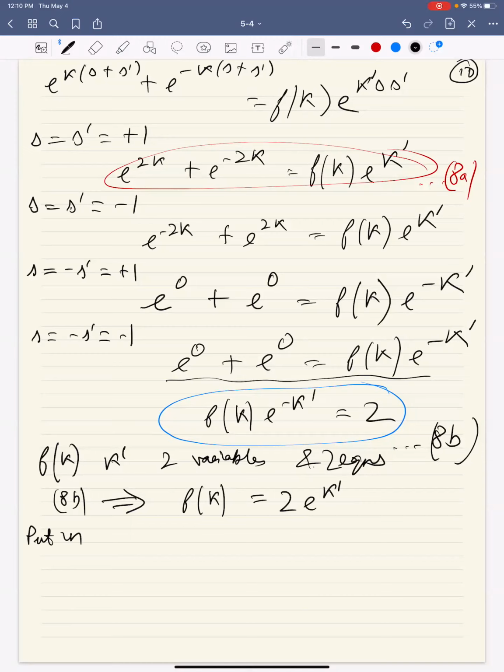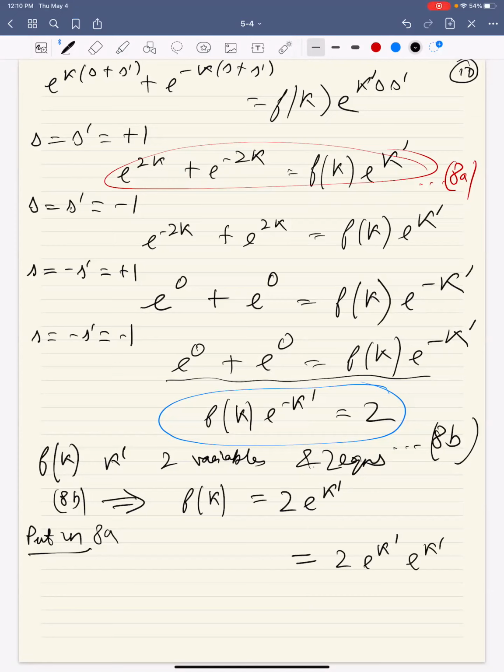So we have f of k is equal to 2 e to the power k prime, and the right-hand side of 8a will become 2 e to the power k prime multiplied by e to the power k prime, right? So 2 e to the power 2k prime.